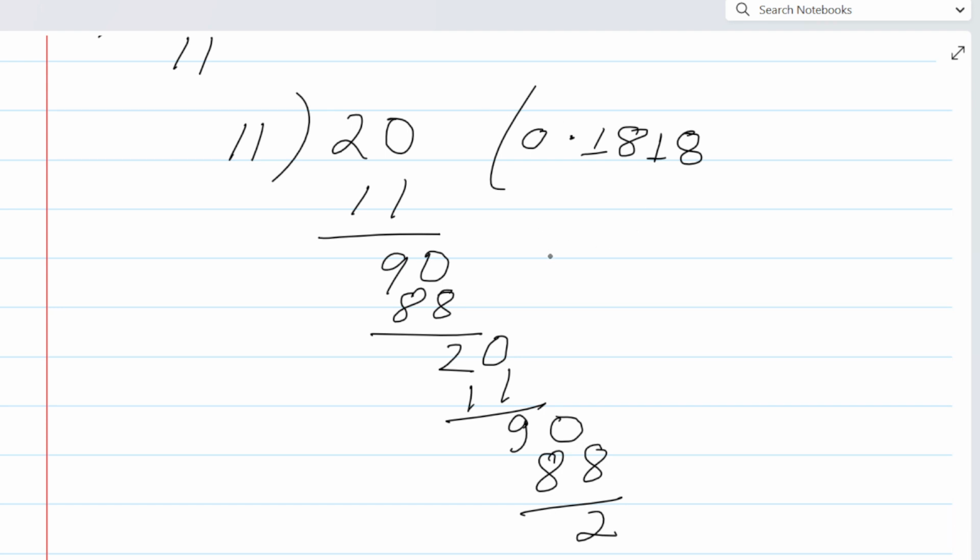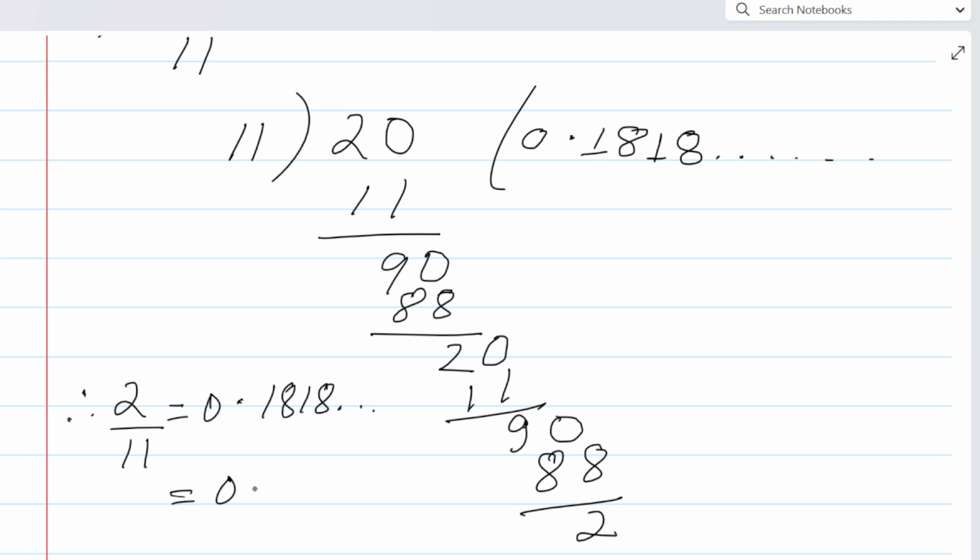So here what is happening? That means if I divide, therefore I can write here 2 by 11 equals 0.1818, dot, this will keep on going.